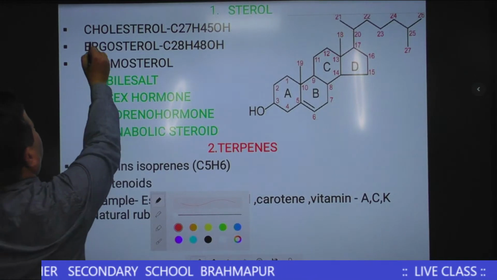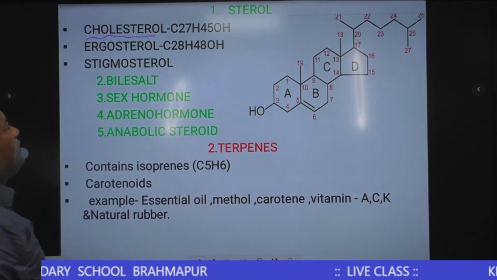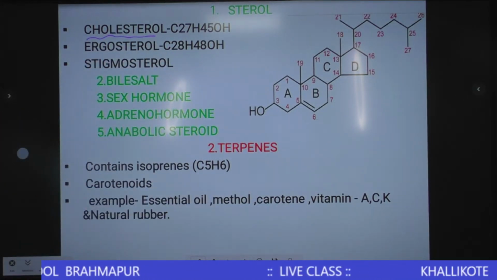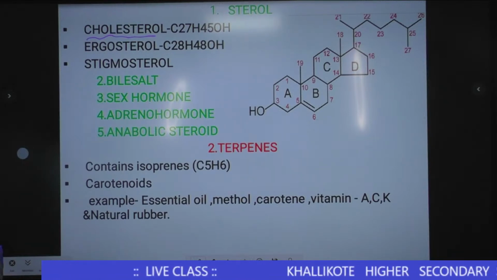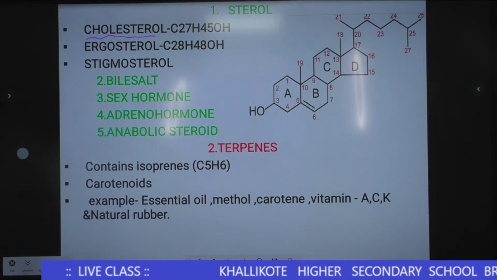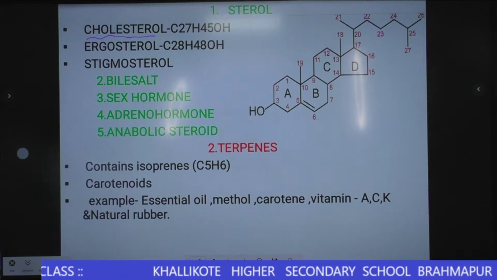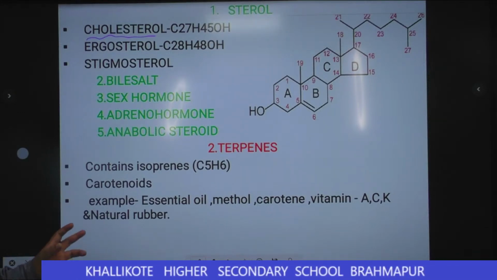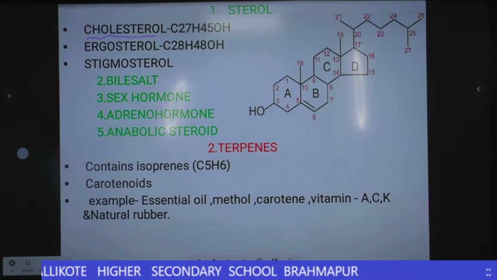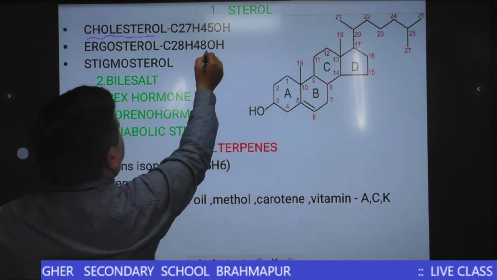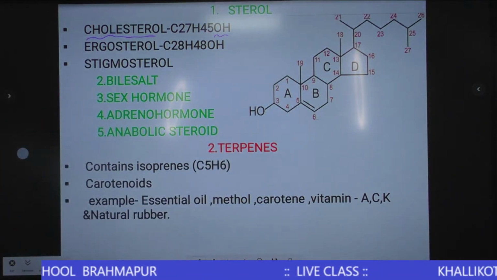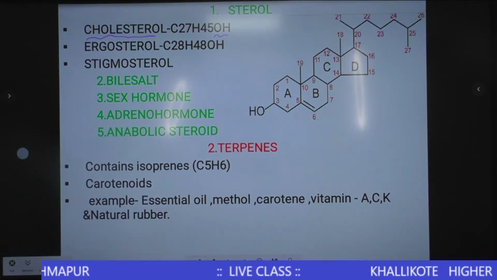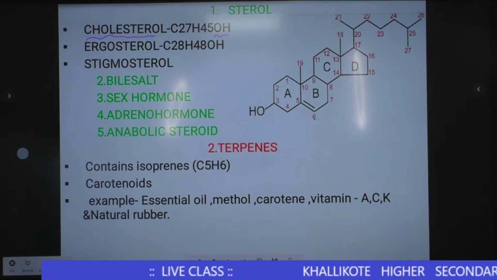First, cholesterol, whose chemical formula is C27H45OH. Here the OH group is present, so the steroid compound is called a sterol. If an OH or alcohol group is present, the steroid compound can be considered a sterol. Ol means alcohol group is present.